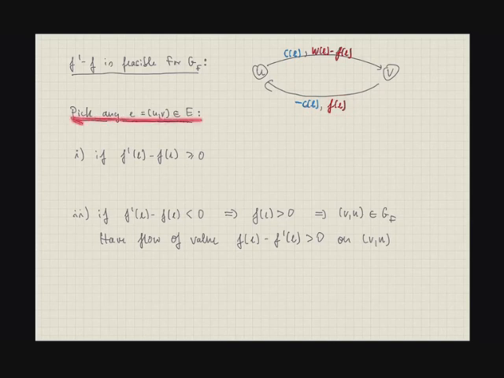Now I pick any edge in the network, and there are two cases. Either this difference flow is non-negative or this difference flow is negative. So let's look at these two cases separately.